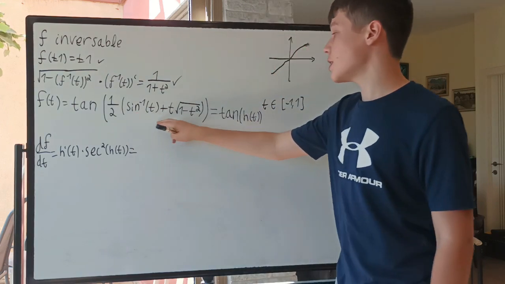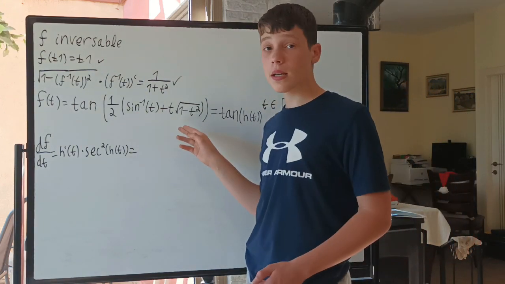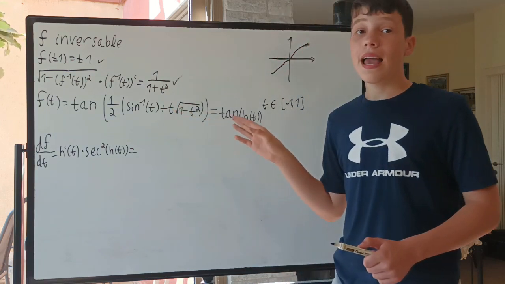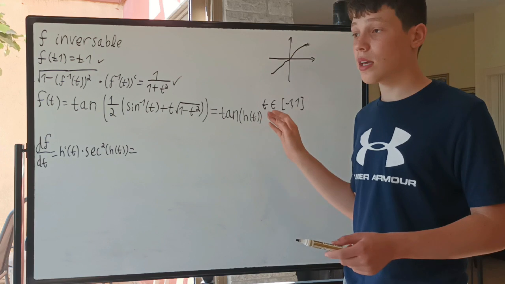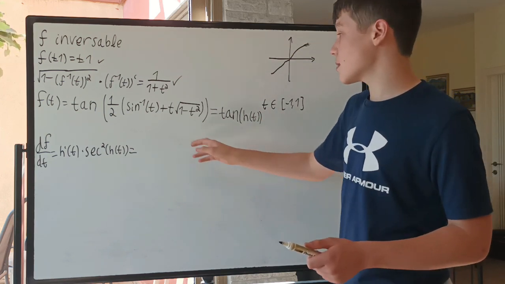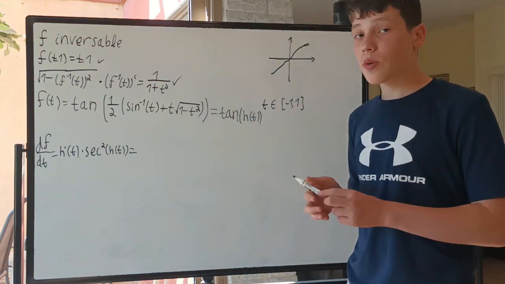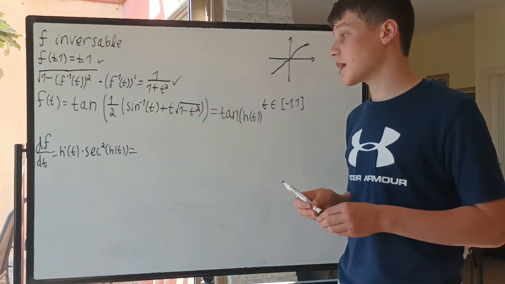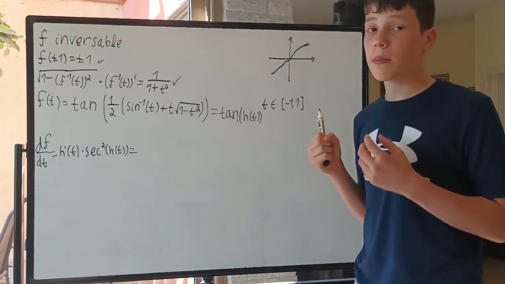Now, remember what h of t is. But remember how we got this thing? We got this exactly from integrating the square root of 1 minus g squared, and what we got is the same thing, but with t replaced with g. So if we take this derivative with respect to t, we have to exactly get the square root of 1 minus t squared.